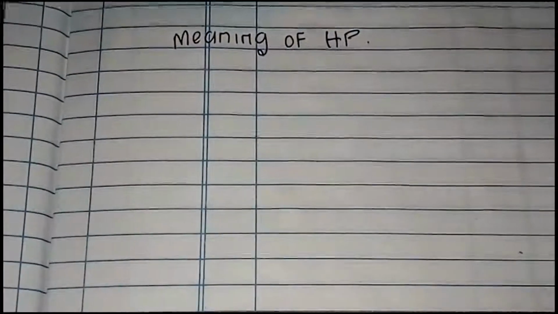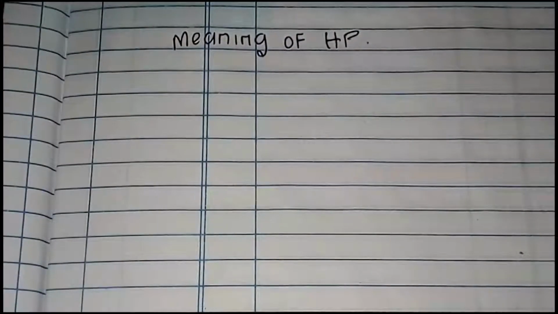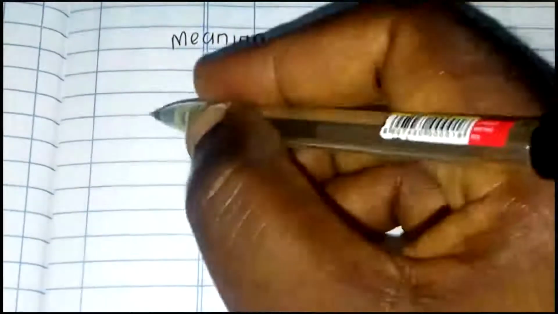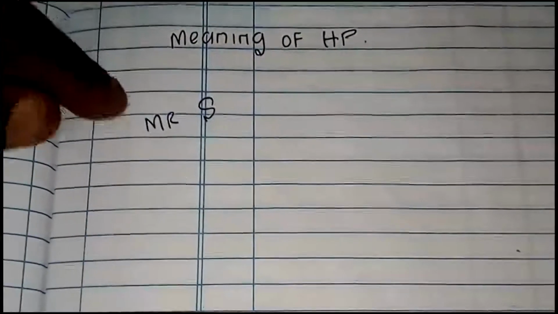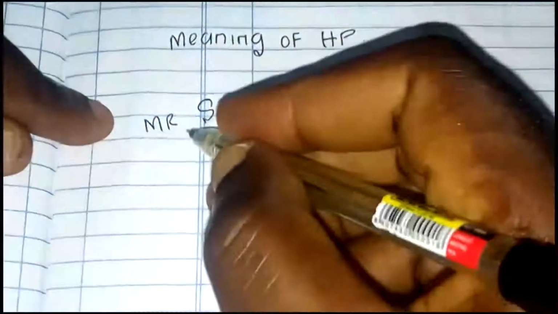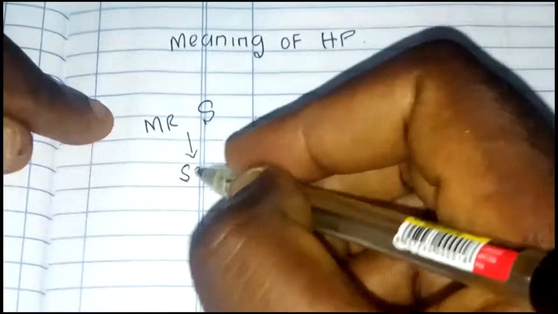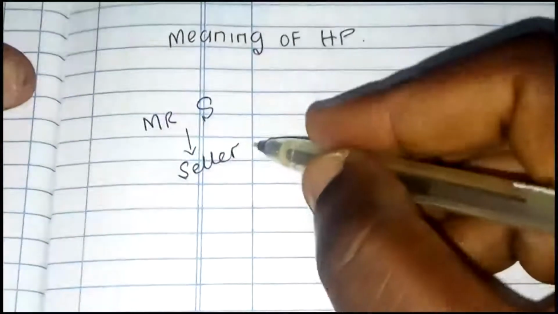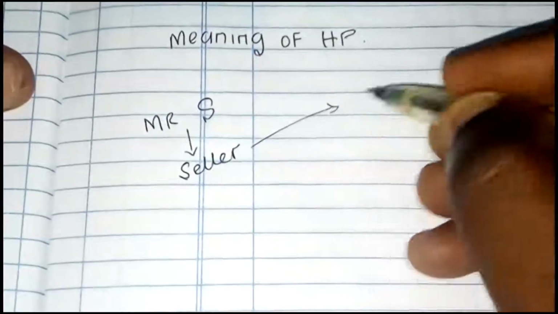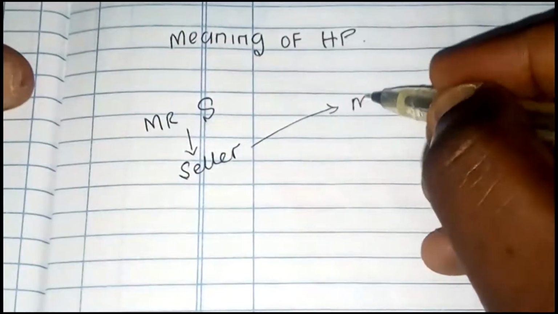So before I give you the definition of hire purchase, let us consider this scenario. Let's take, for example, one Mr. S, who is a seller, who decides to sell his property or goods, say a motor van.